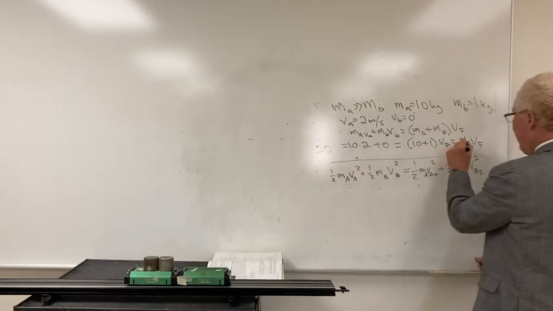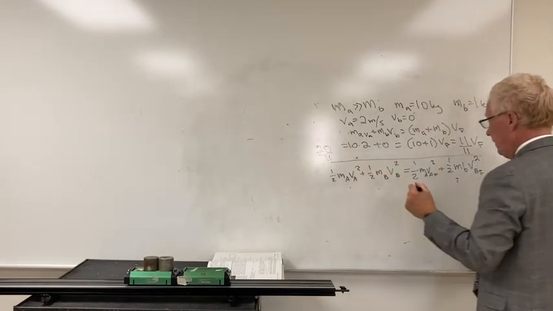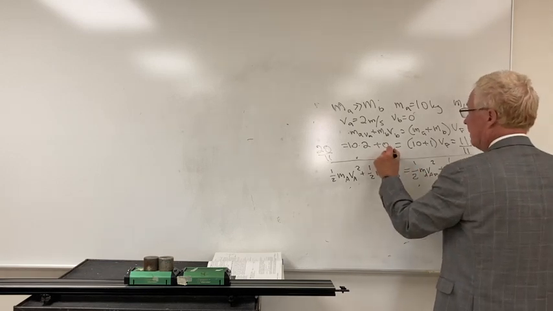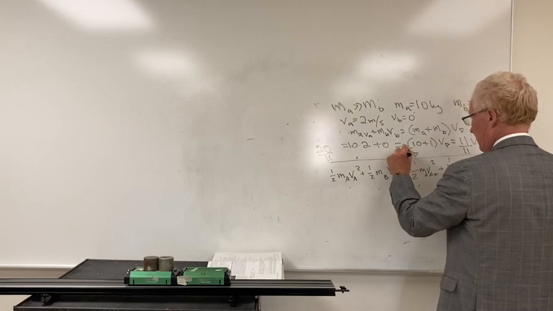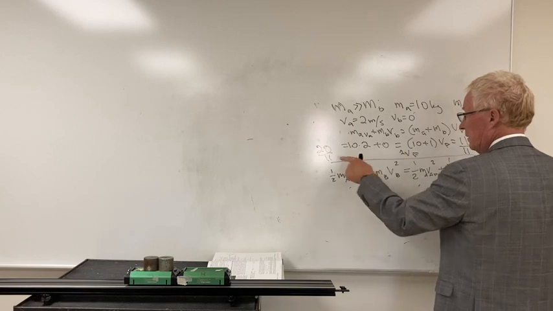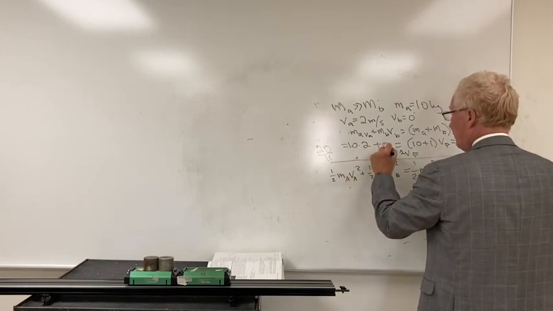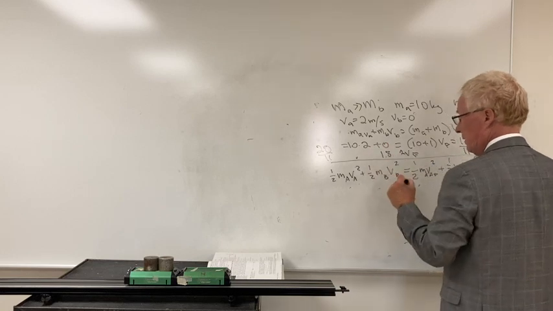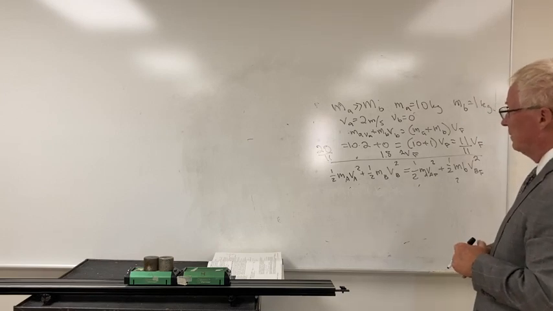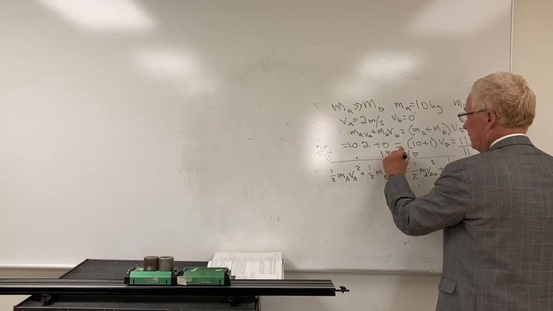Divide both sides by 11, and V final is roughly 1.8 meters per second.